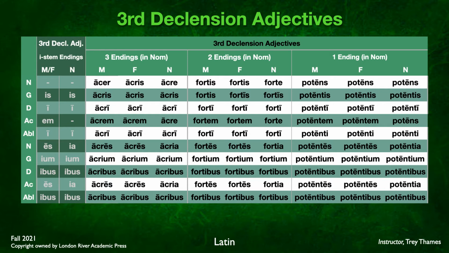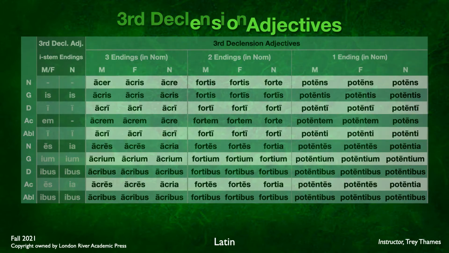So keep in mind that the rule has always been that a noun and an adjective have to agree in case, number, and gender. That does not always mean they will have the exact same endings. So again, you could have a noun from first declension being modified by a third declension adjective. They will not have the same endings at all, but they will agree, hopefully, in case, number, and gender, if it is correct.